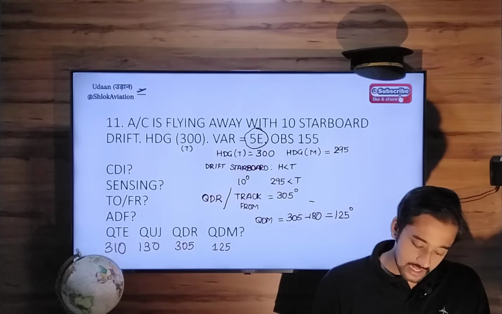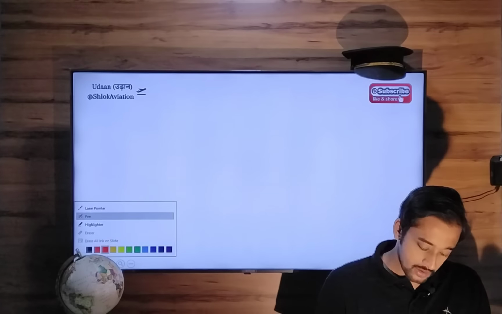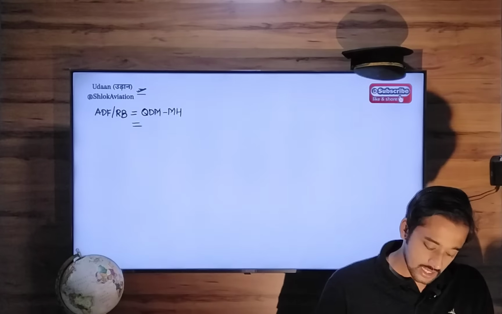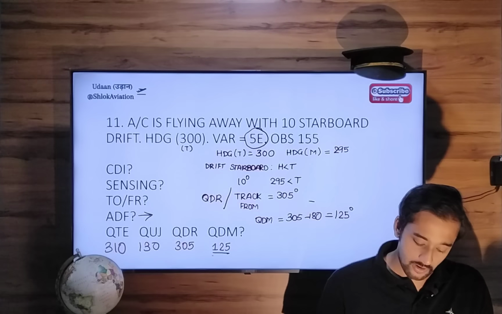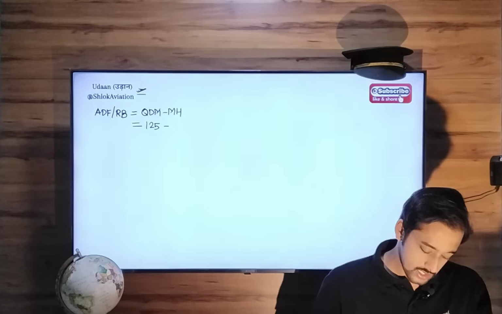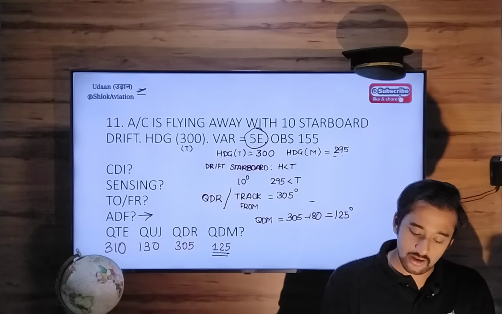Now what is ADF? Let's find ADF. The formula for ADF or relative bearing equals magnetic bearing to the station minus magnetic heading. Now what is QDM? It is 125. What is magnetic heading? It is 295.